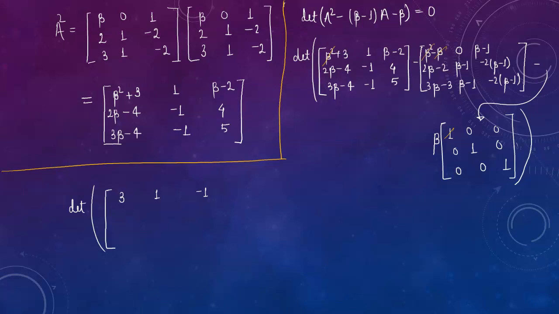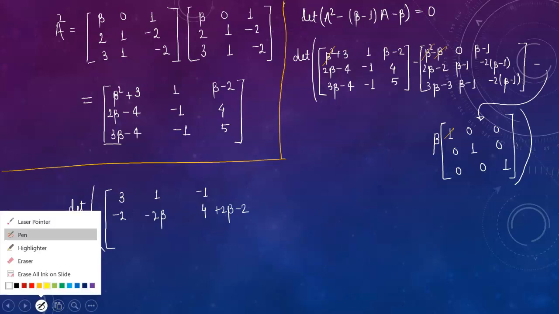So 2 beta is cancelled, and minus 2 remains. So minus 1 minus beta plus 1, the 1s cancelled, and again minus beta, so minus 2 beta. So let me write here 4 plus 2 beta minus 2. This 4 minus 2 will be 2.